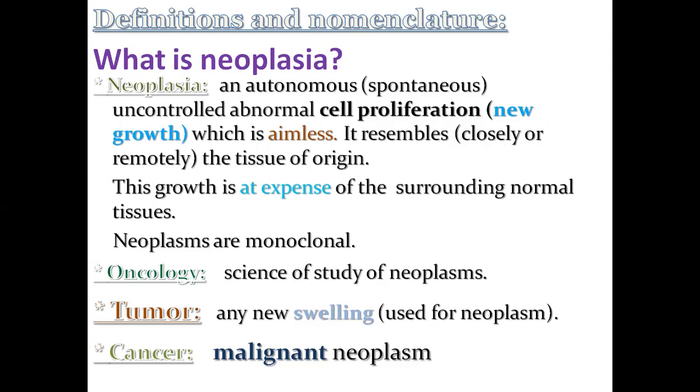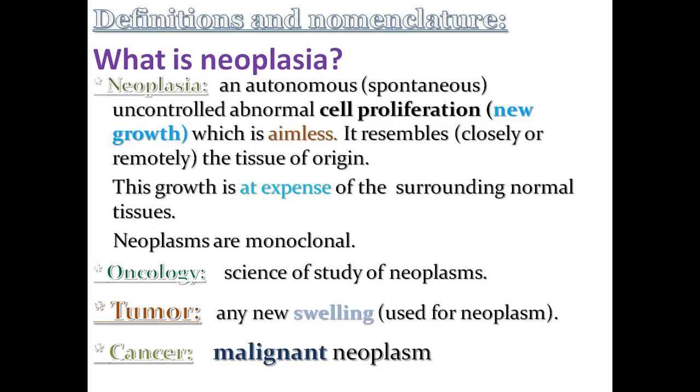The growth of the tumor cells occurs at the expense of the surrounding normal tissue. What does this statement mean? It means that usually in the tissue, there is no space for abnormal proliferations. Cells are close to each other. But when the cells get mad and proliferate without control, they need space to grow in, right?